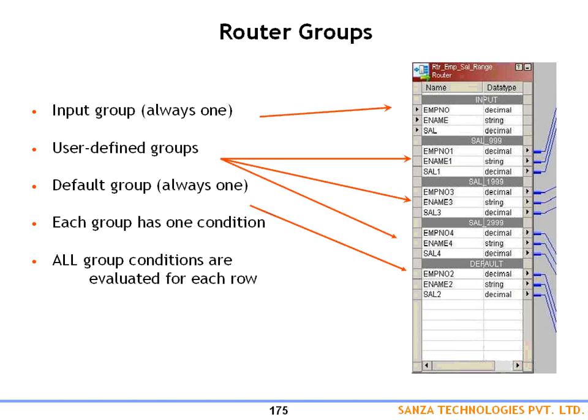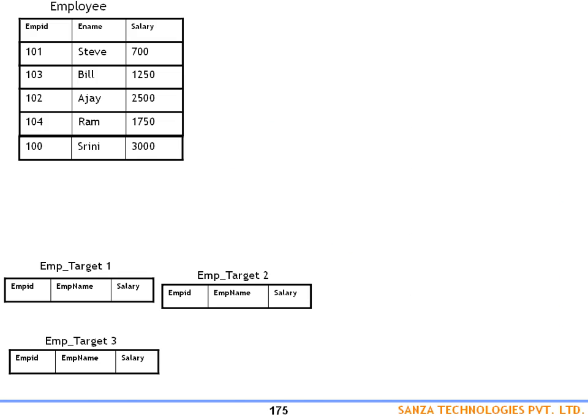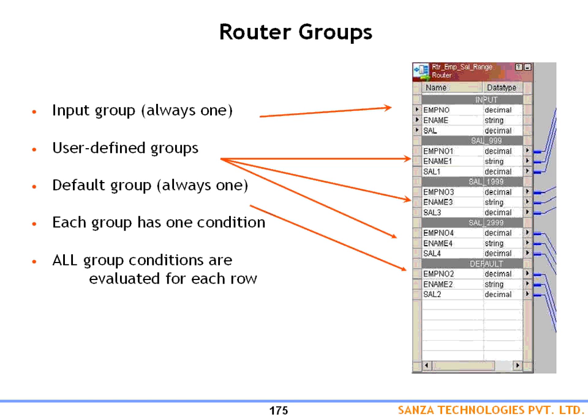For each filter condition, here it is called a group. In the previous example, when we saw one filter condition, here that one condition is called a group condition, a user-defined group. As soon as you create one user-defined group, Informatica automatically creates a default group in the router transformation. The importance of it we will discuss.